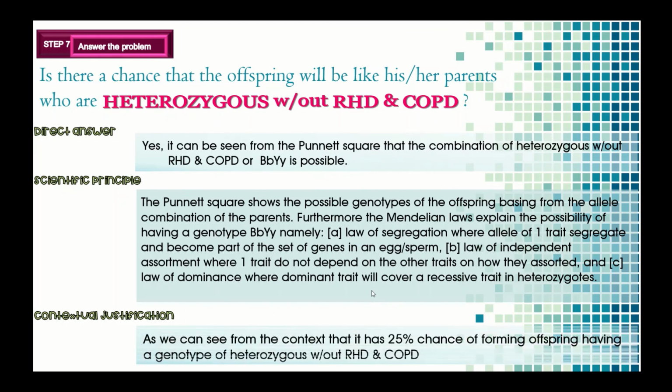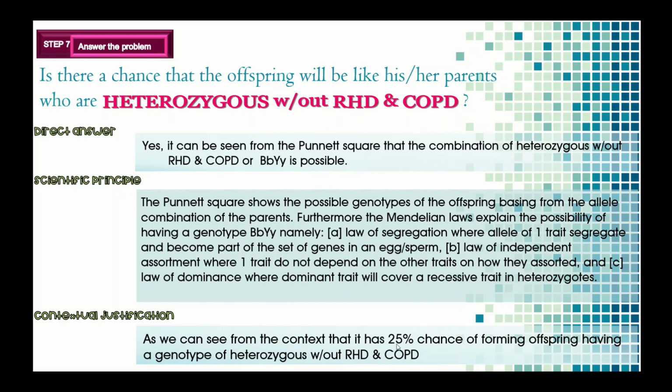For contextual justification, as we can see from the context, it has a 25% chance of forming offspring having a genotype of heterozygous without RHD and COPD. How did we get 25%? So all we have to do is divide 100 by 16. So each box in the Punnett square is 6.25%.